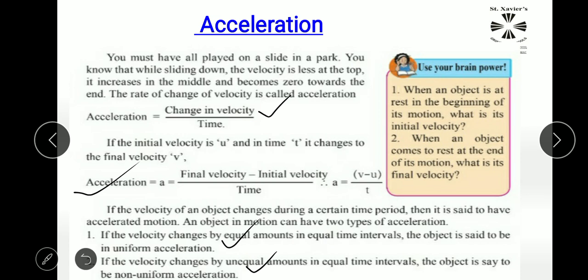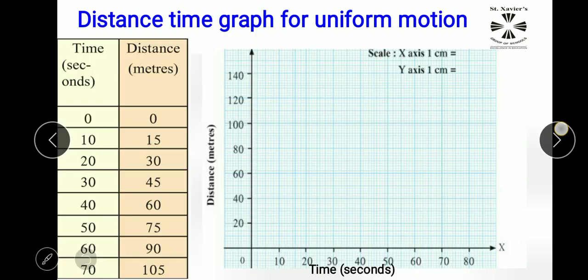Non-uniform acceleration means the change is not uniform, that is, the increase or decrease in speed per unit time is not constant. Students, let us move ahead.